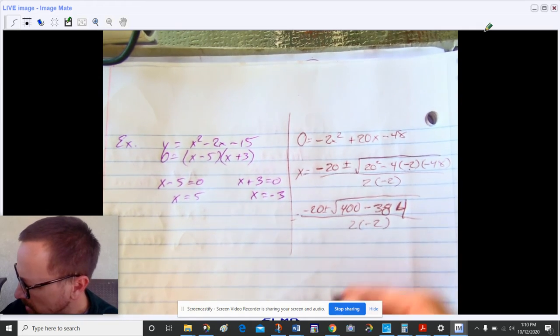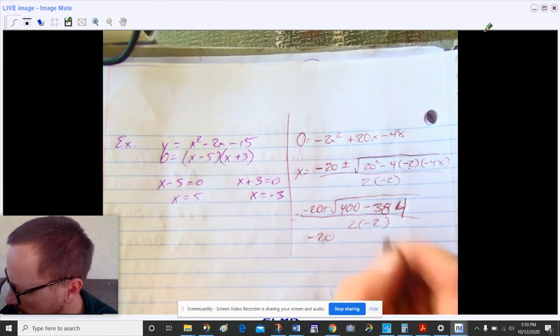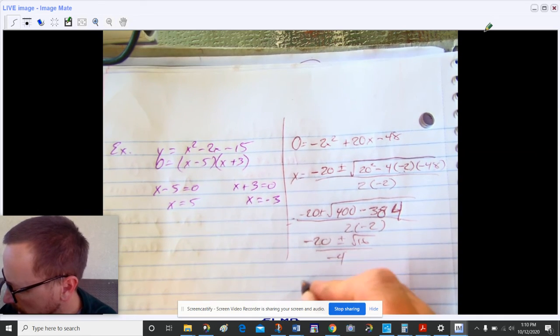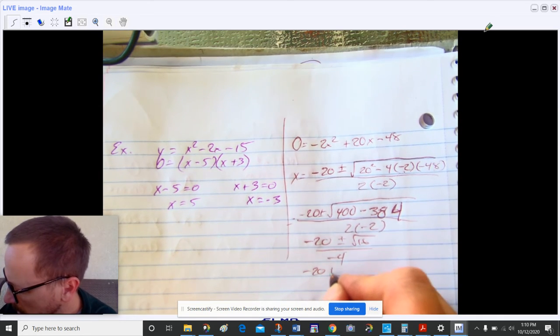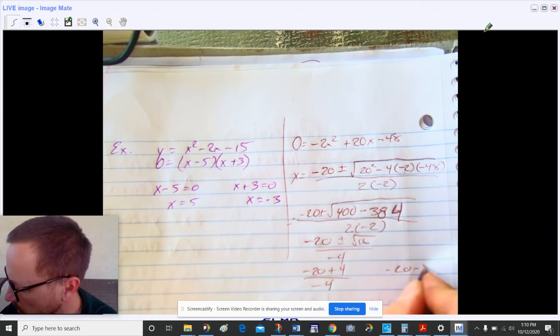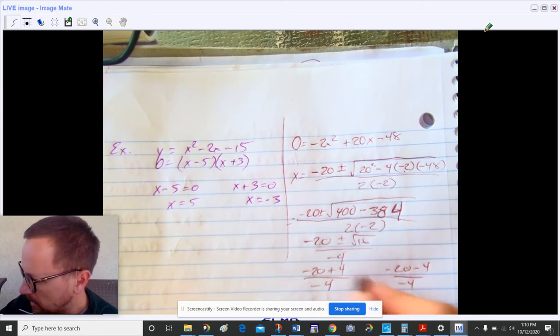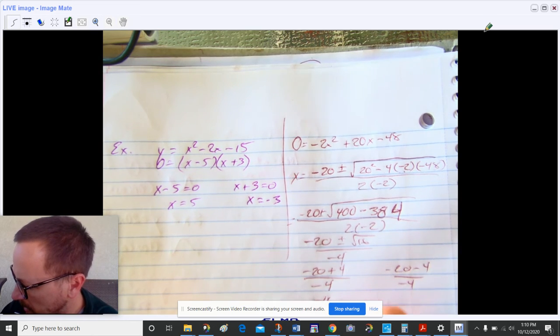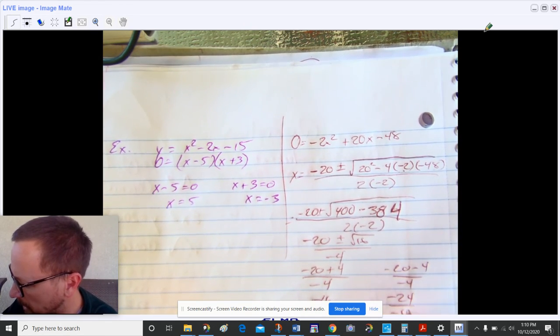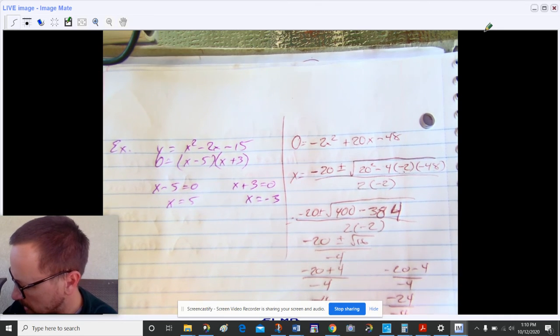Fantastic. So that means negative 20 plus or minus the square root of 16, all over negative 4, which means negative 20 plus 4 over negative 4, and negative 20 minus 4 over negative 4. That makes negative 16 divided by negative 4, which is positive 4. This makes negative 24 divided by negative 4, which makes positive 6.